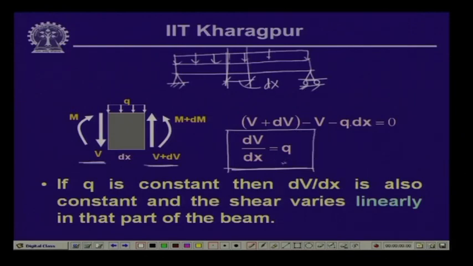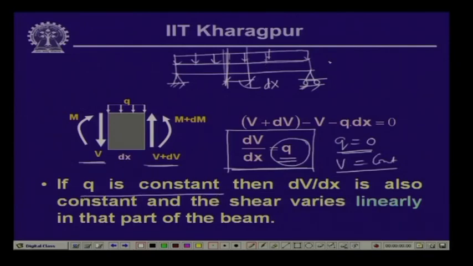Now, the question is, if q is constant, if it is uniformly varying over the length of the beam, then what is the state of the shear? As we have seen earlier, if q is equal to 0, then the shear force is constant. If q is constant, if we have uniform loading over a part of the beam or over the whole beam, then the shear varies linearly in that part of the beam.